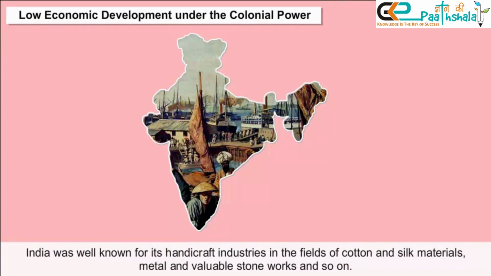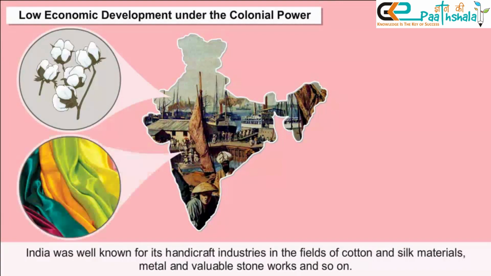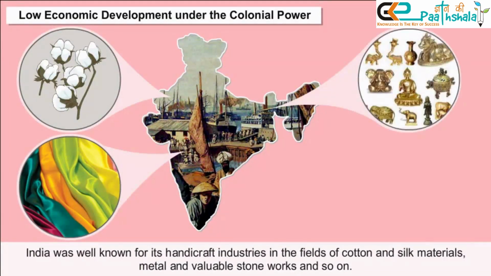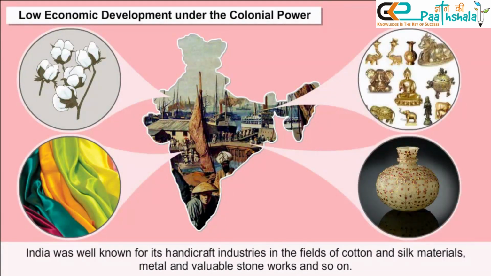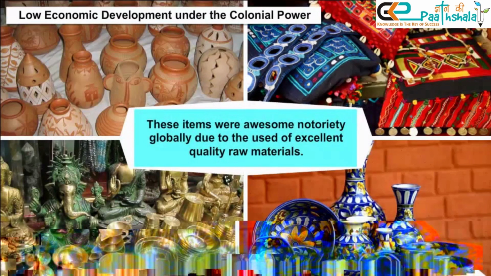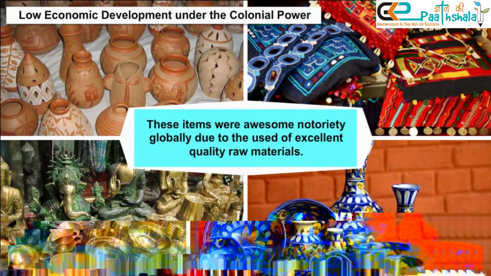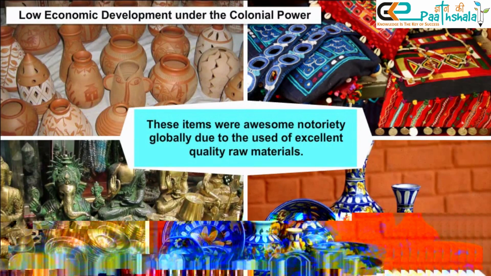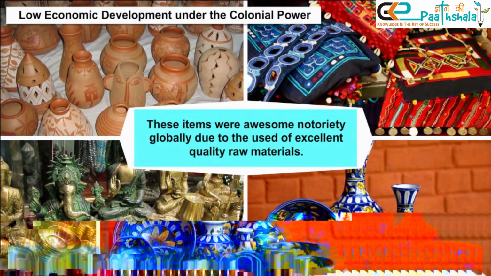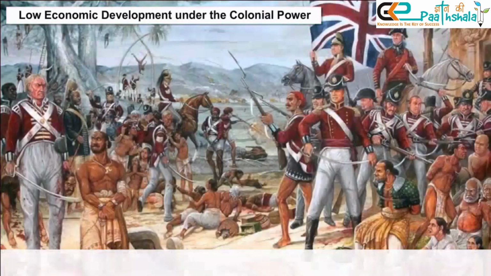India was well known for its handicraft industries in the field of cotton and silk materials, metal and valuable stoneworks, and so on. These items had awesome notoriety globally due to the use of excellent quality raw materials.